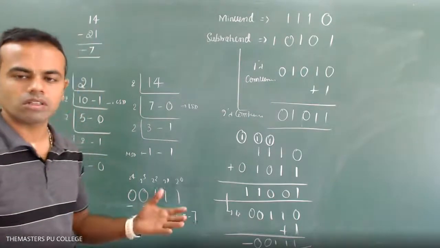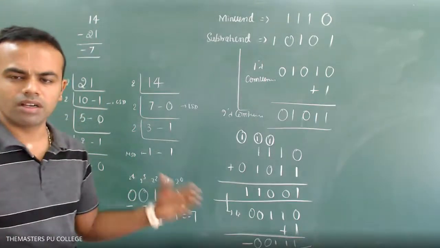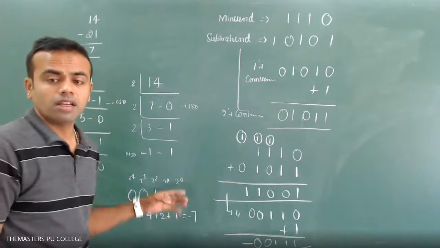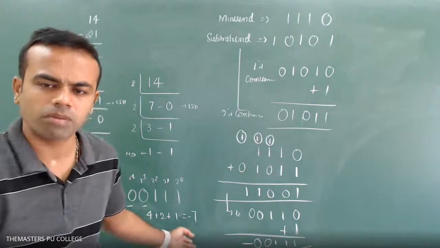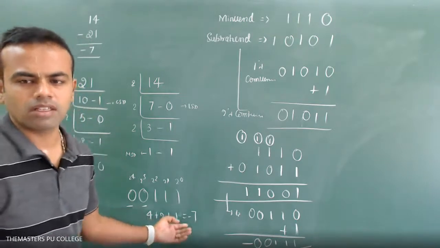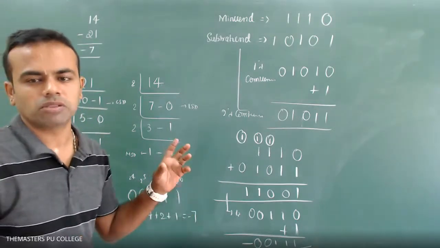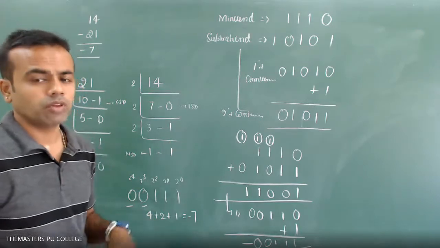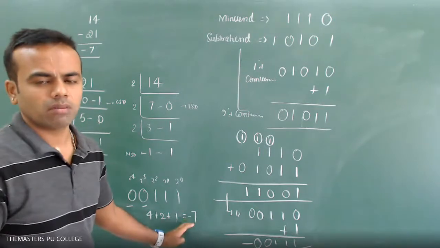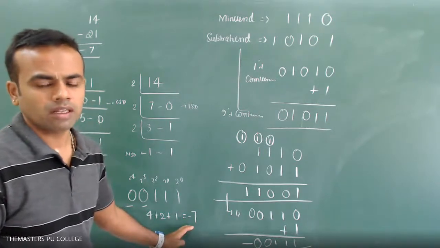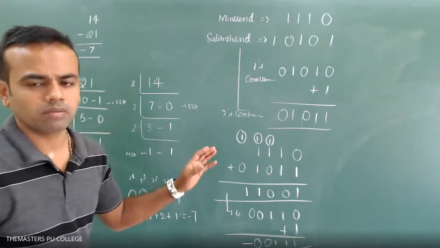Otherwise, can you do it in 8 digits? Since it is 7, can you represent this negative number, -7, in sign and magnitude method in 8 bits? Can we represent this negative number in sign and magnitude method?